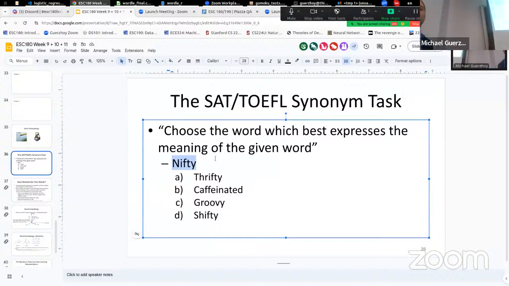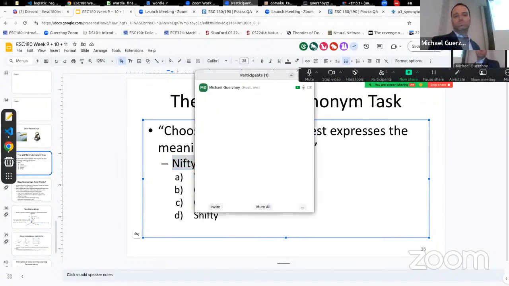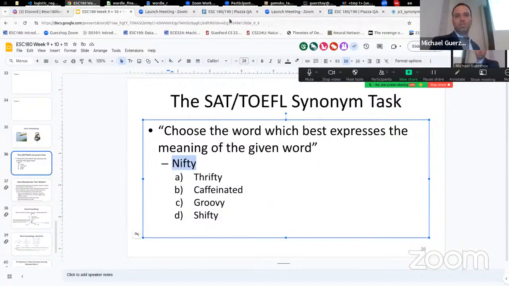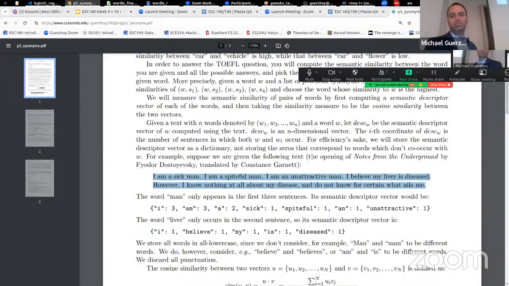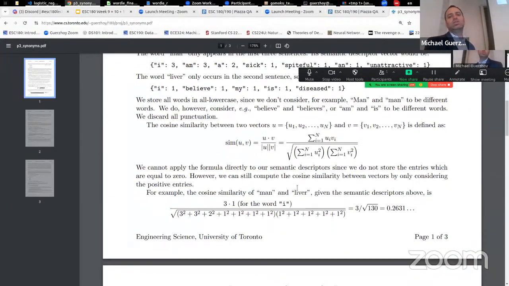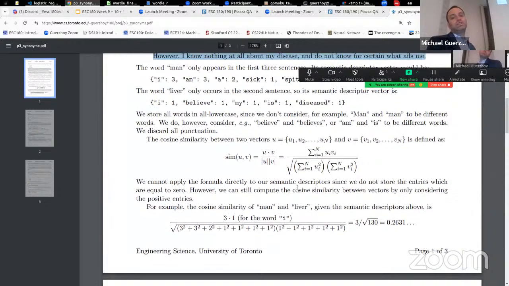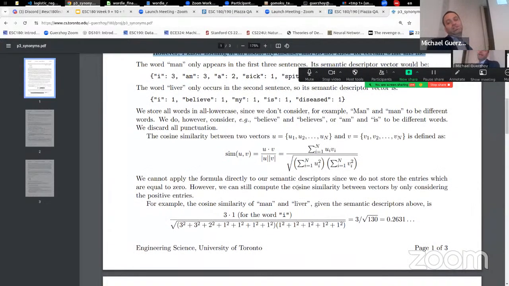So how are we going to compute how similar Nifty is to Thrifty? How similar is it to caffeinated and so on? What we can do, again going back to the handout, is compute, for example, the angle between the vectors.